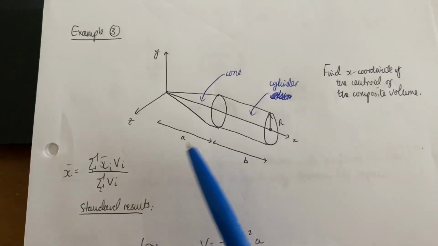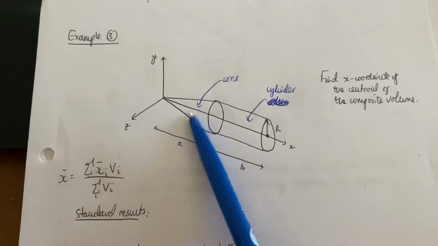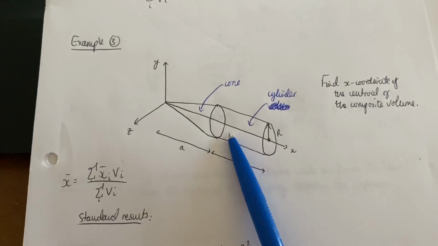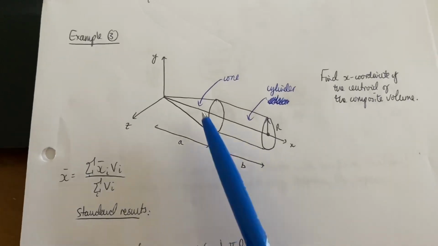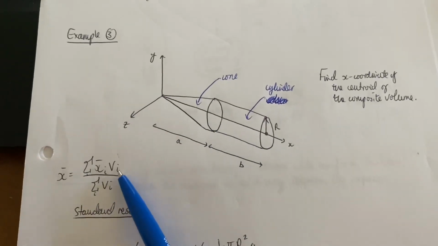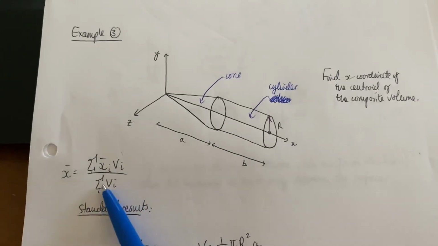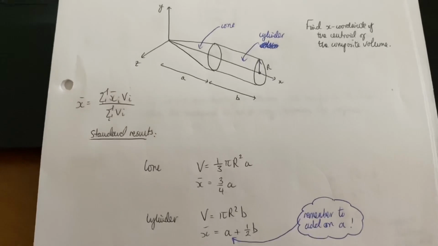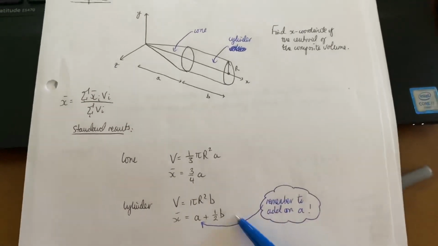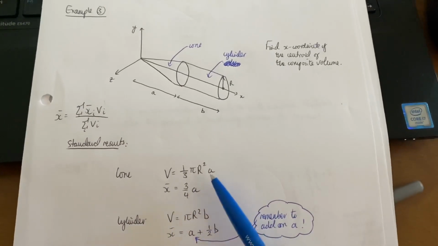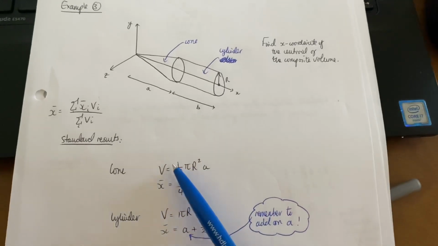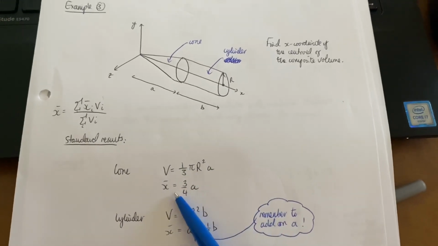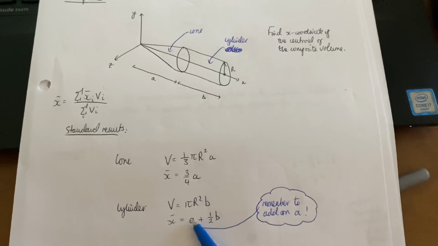How we did that is we found the x-coordinate of the centroid of both bits, and then multiplied that by the volume of both bits, summed all of that up, and then averaged that over the total volume. In order to do that, we use the standard results from the appendix in the textbook to find the volume of a cone, the x-coordinate of the centroid of a cone, and the same for a cylinder.